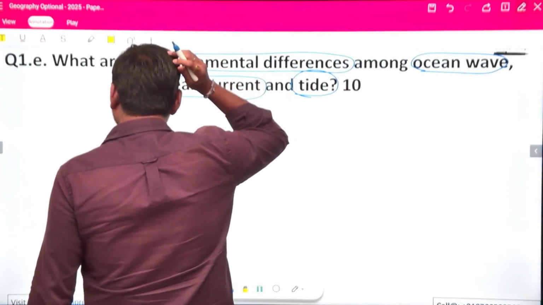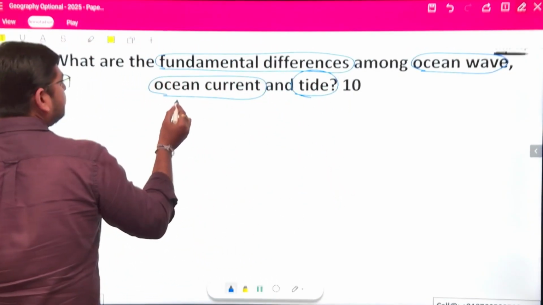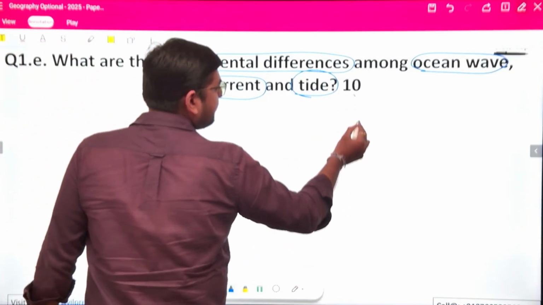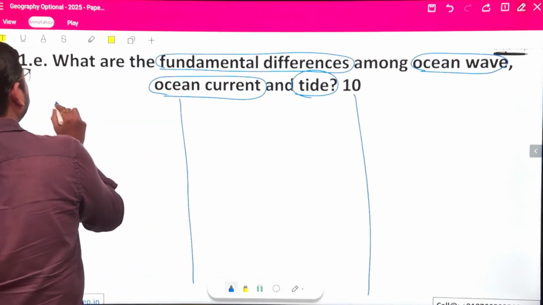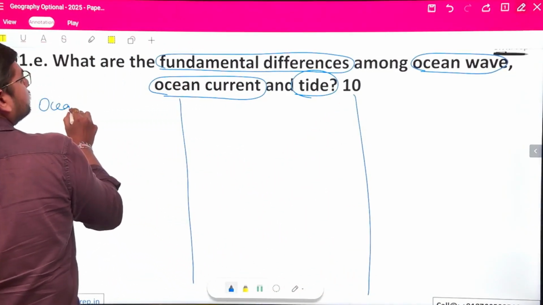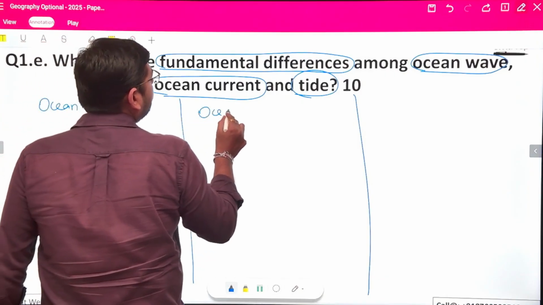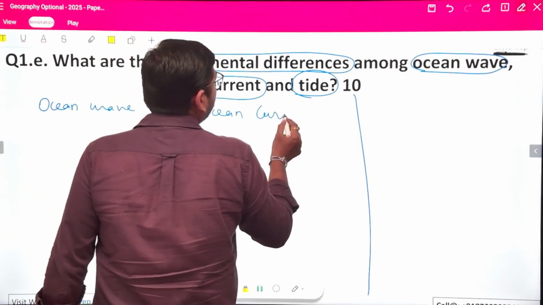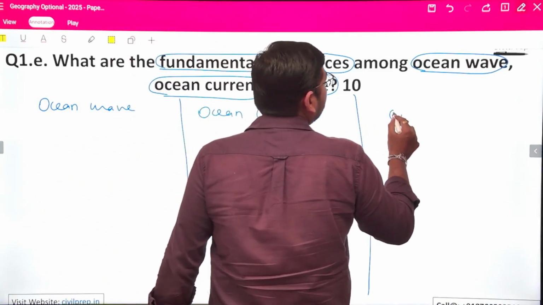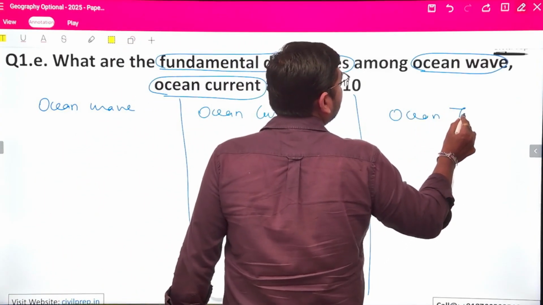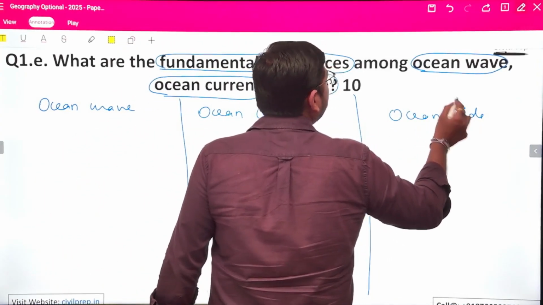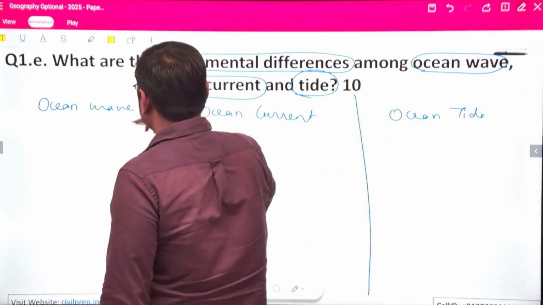Okay, so these are the three things which we have here.